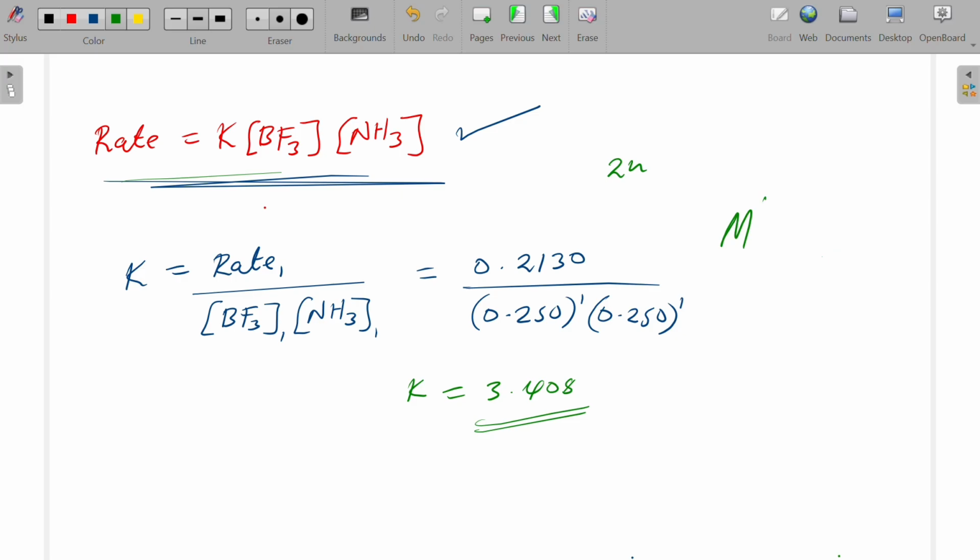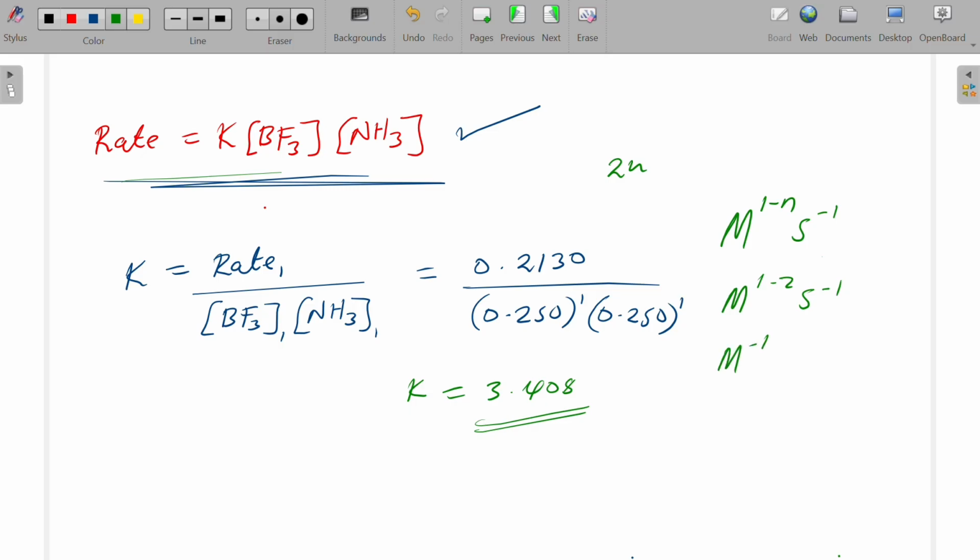So the formula you need in any case where you're finding the units is M to the power of 1 minus n, multiplied by s to the power of minus 1, where n is the order of reaction. In this case, our order of reaction is 2.